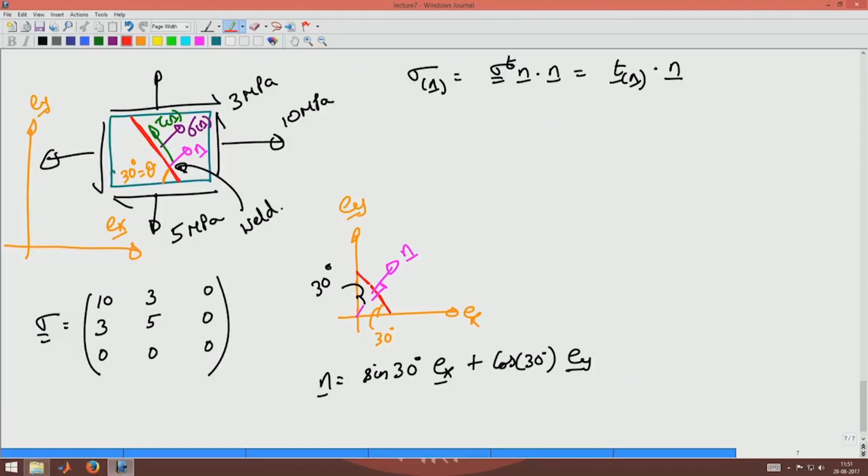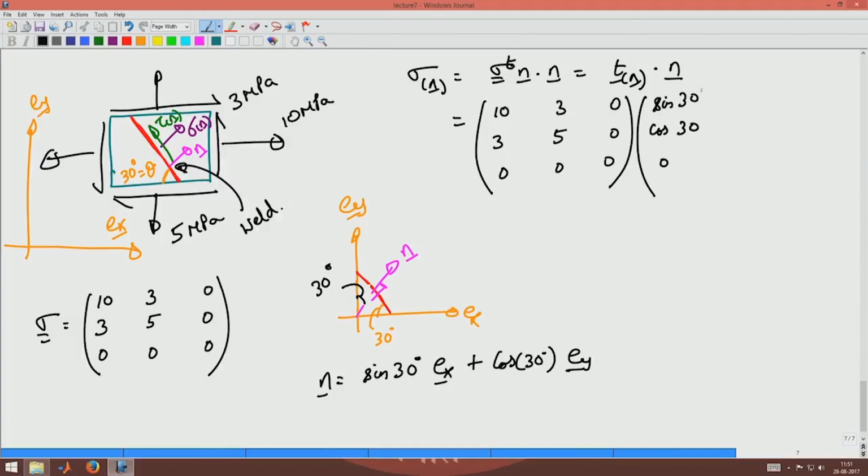Okay. So, now all that I have to do is do this matrix multiplication to get the normal stress. That will be 10, 3, 3, 5, 0, 0, 0, 0, 0 into sin 30, cos 30, 0 dotted with sin 30, cos 30, 0.